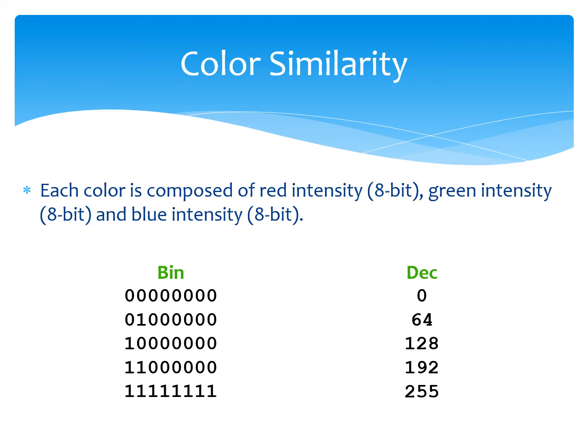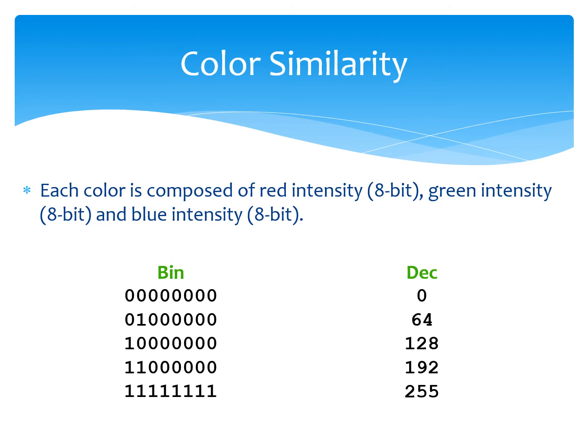In order to determine color similarity, we need to further investigate the composition of RGB color. As you know, each color is composed of 8-bit red intensity, 8-bit green intensity, and 8-bit blue intensity. Each primary color's decimal intensity level, as shown on the right, can be represented as a corresponding binary number, as shown on the left.